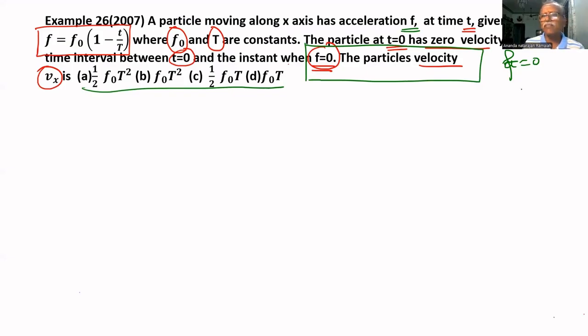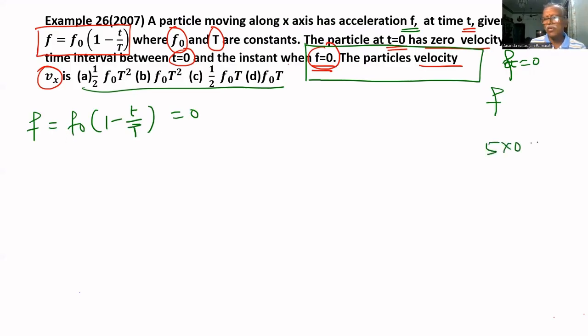So equate this f equal to 0, what you will get? F equal to 0 equal to f naught times 1 minus t by T. This is not equal to 0. Two products are there, means either this equal to 0 or this equal to 0.